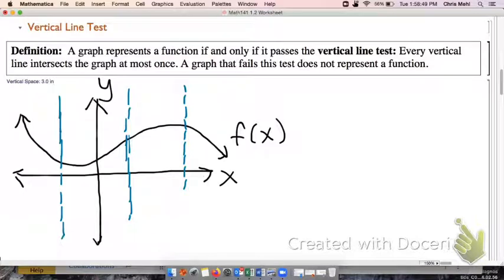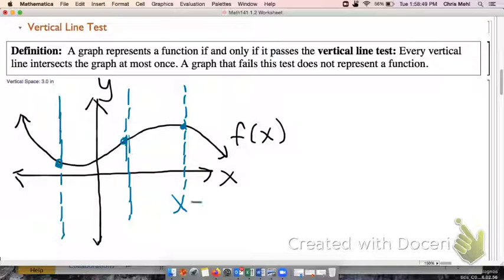Now you'll notice that for this particular function, there's no vertical line that I can draw that's going to intersect the graph more than one time.